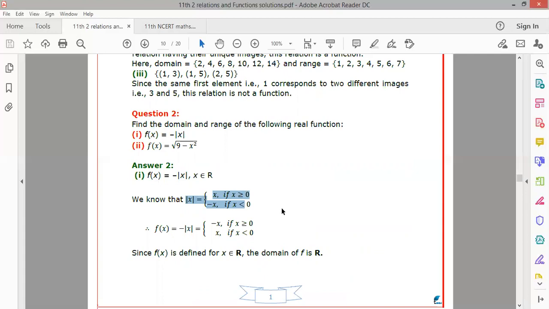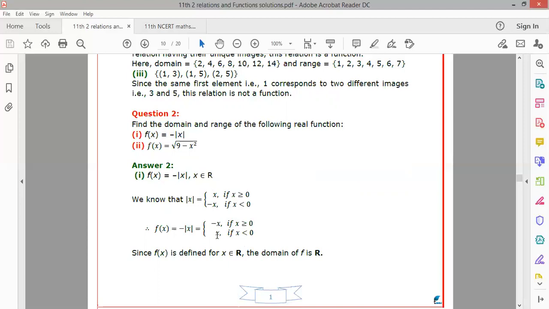What is modulus actually? It filters the negative sign. When it is positive, it keeps it positive. When it is negative, it assigns one additional negative sign, and with the help of this negative sign it becomes positive. So if we are supposed to write minus modulus of x, we have to assign a negative sign to both of these.